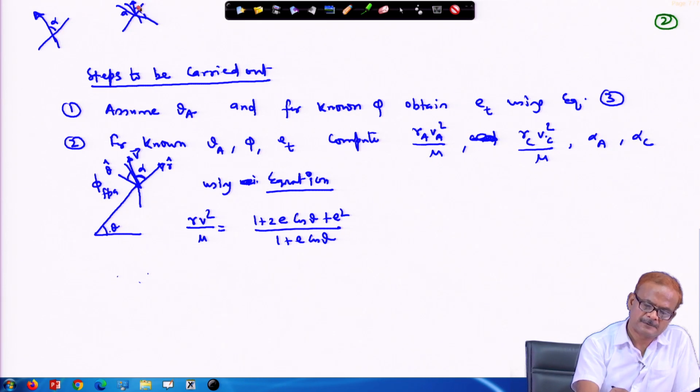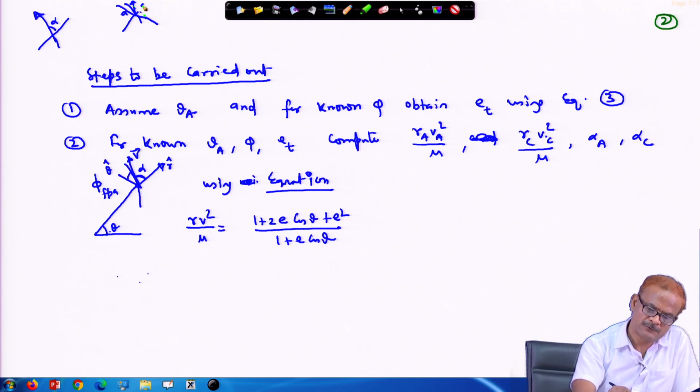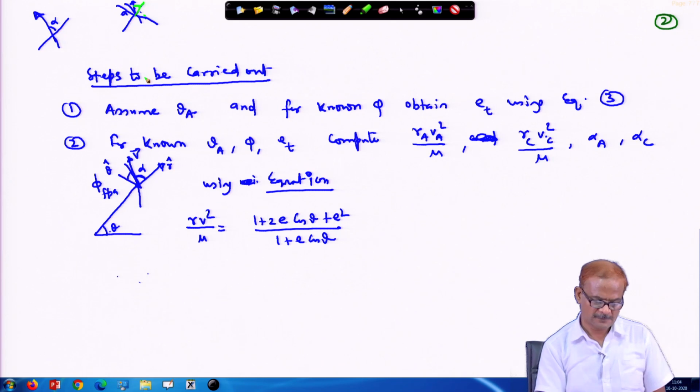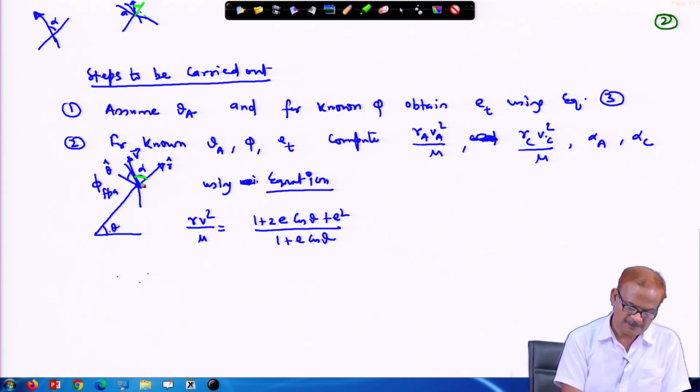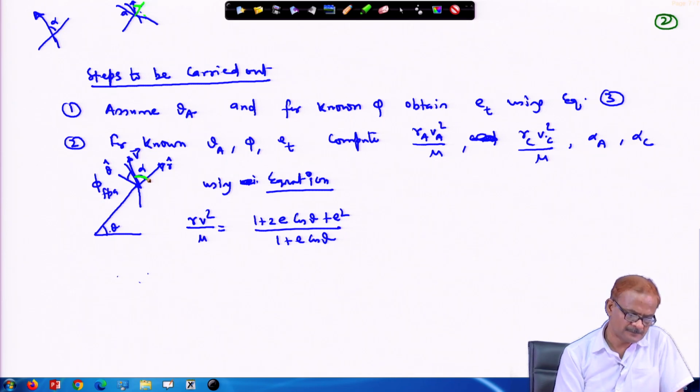Okay. That means, alpha I can take from this place to this place, but this I am not taking throughout, perhaps as far as I remember I have used with respect to this as the alpha angle. Okay. So, this I have always taken as the alpha angle. Okay. So, we have to be careful about this.